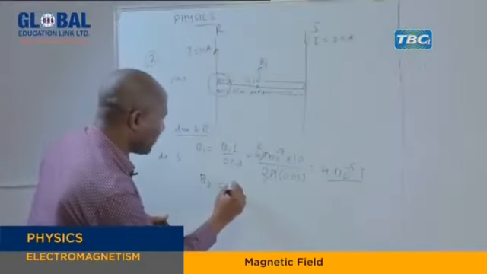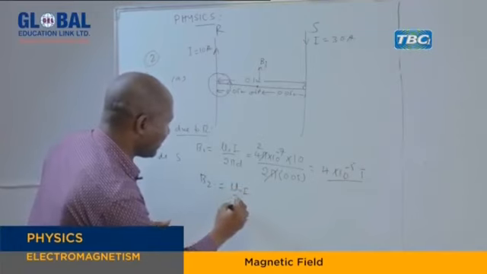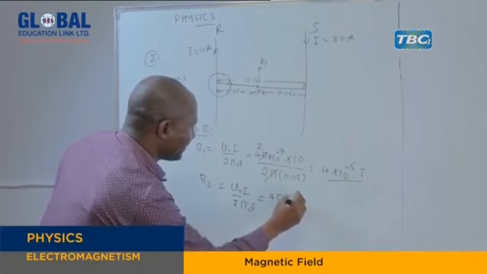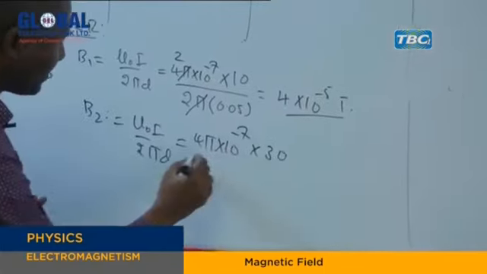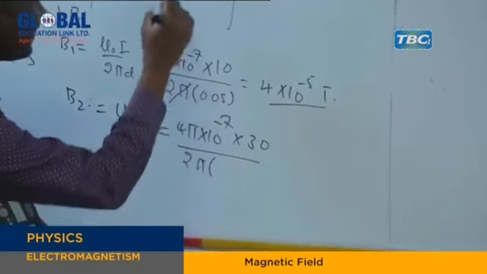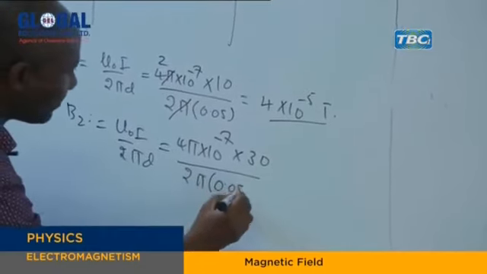This is given by mu I, the same formula, but here it is 4 pi negative 7 times 30 divided by 2 pi d, which means the distance is the same, 0.05.